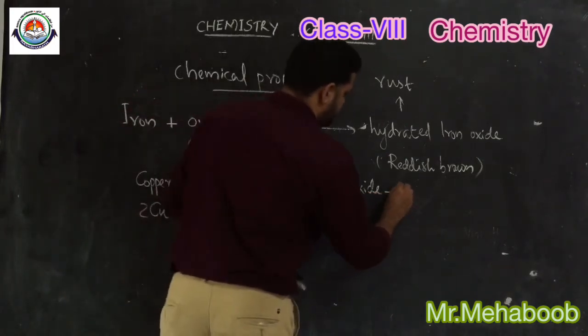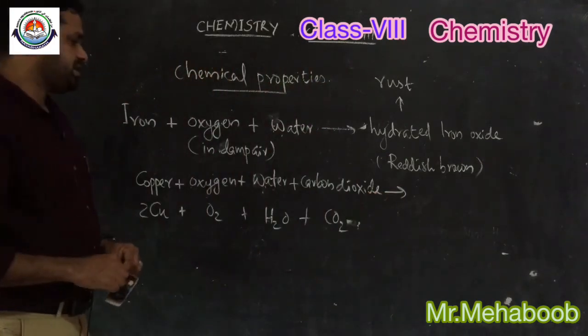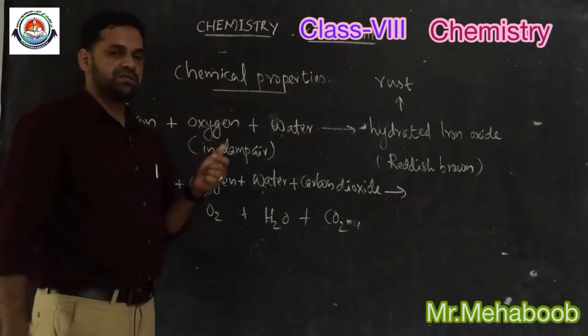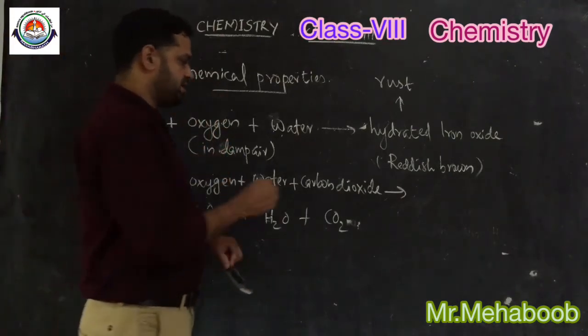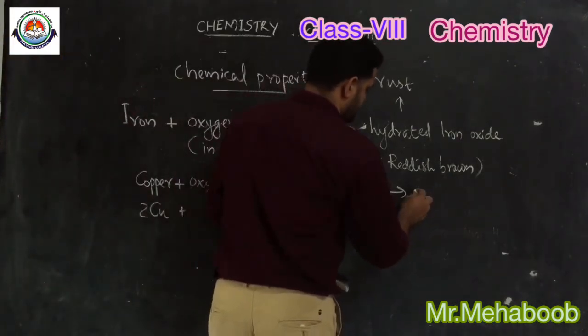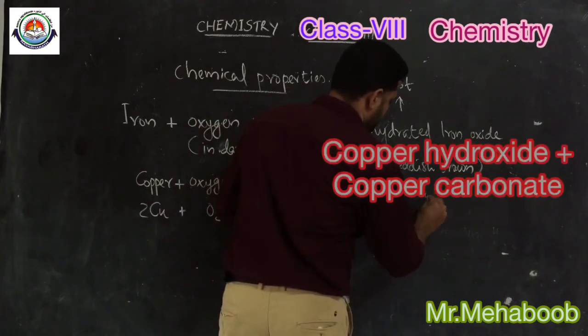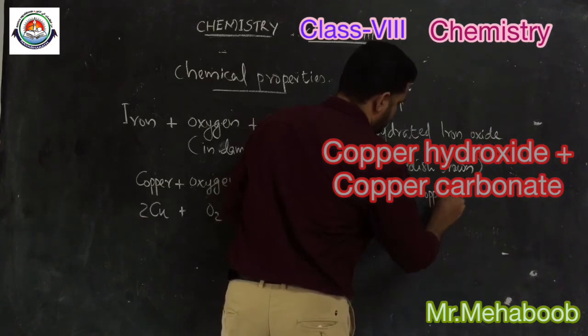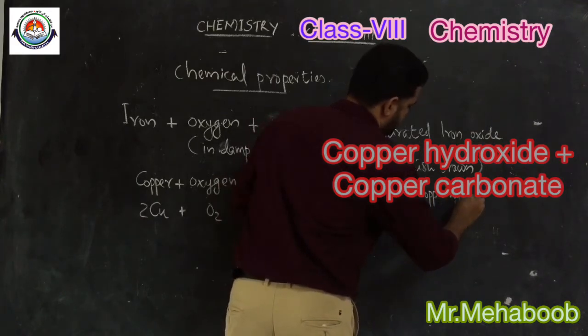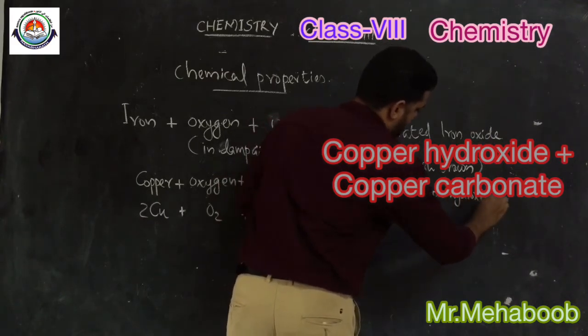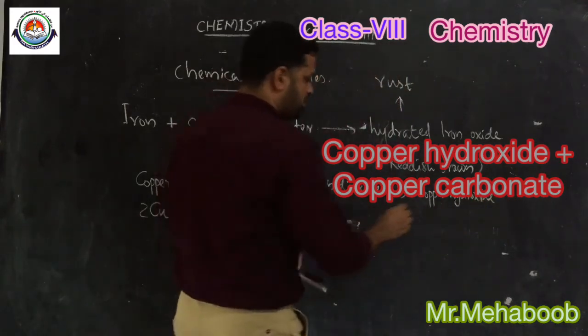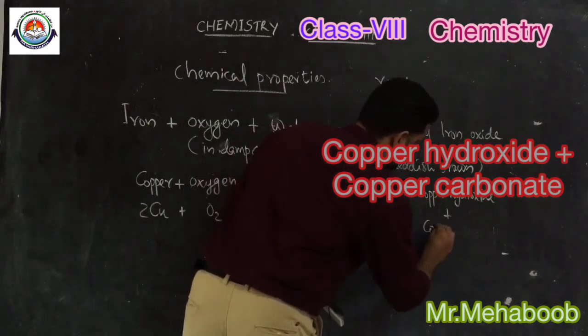Then what do we get? We get a green coating on the surface of copper materials, and this green coating contains a mixture of copper hydroxide plus copper carbonate.